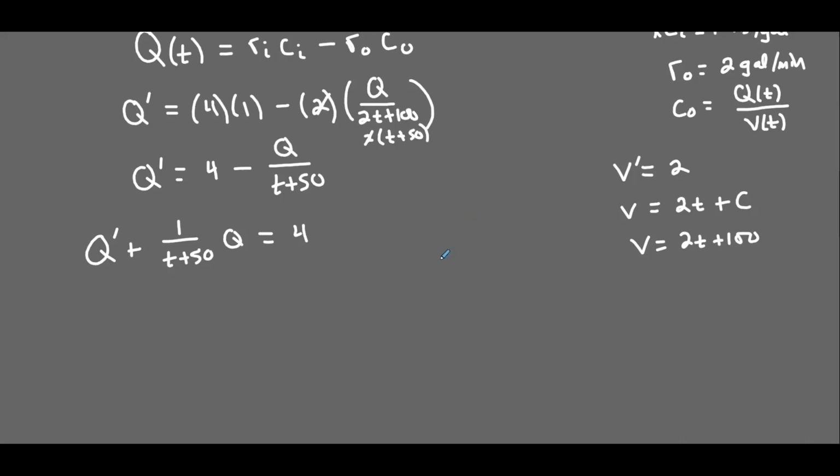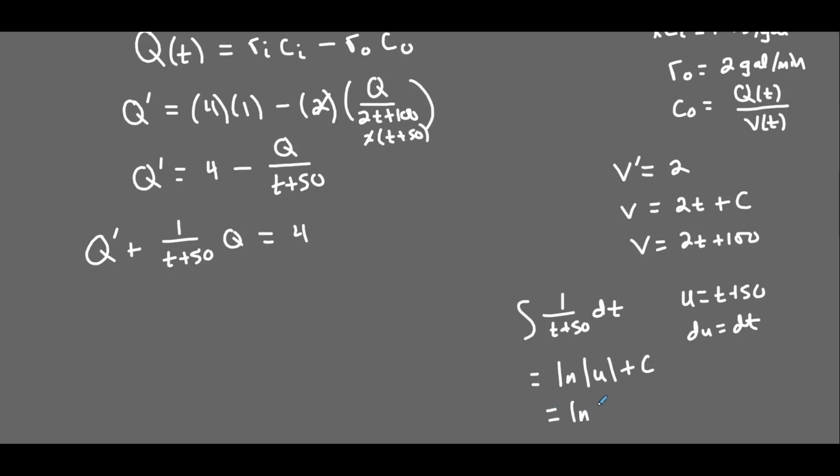So this is another linear equation, so we could use integrating factors. This is our P. The antiderivative of 1 over T plus 50, you could do a U substitution, and you get du is just 1 dt, it's just dt. So this is the integral of 1 over u, which is natural log of absolute value of u plus c, and u is T plus 50.